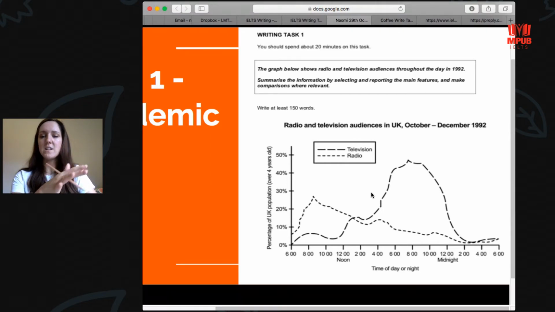This number steadily decreases throughout the day until 4 a.m. These are the kind of notes I will be making on the graph because it's the main information.